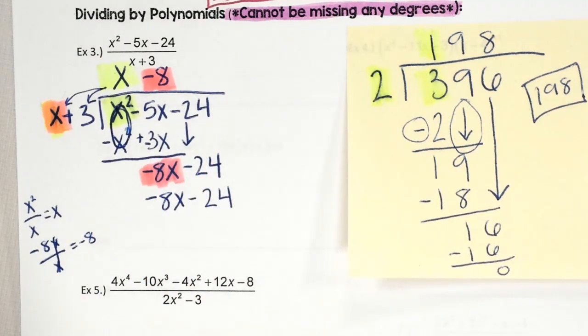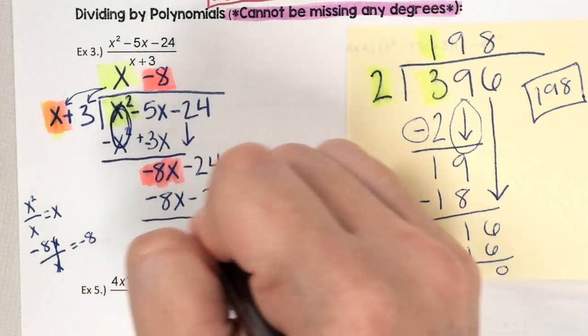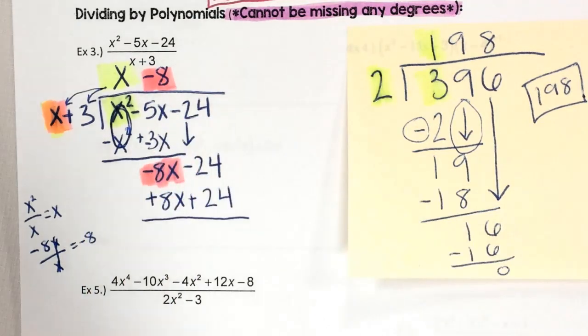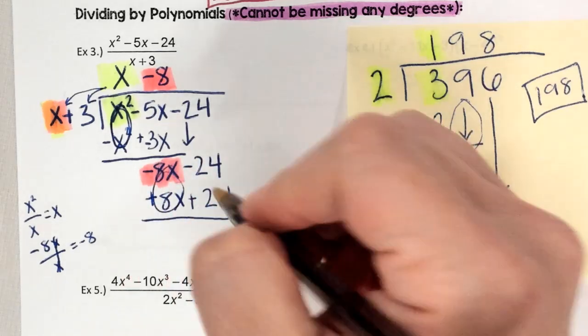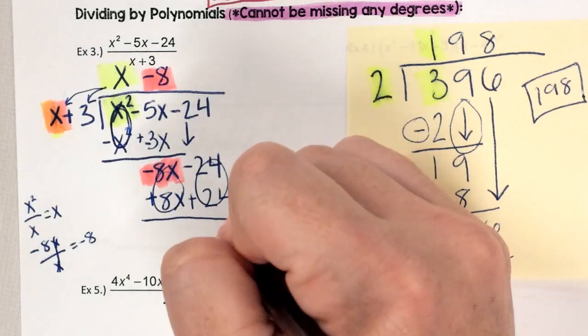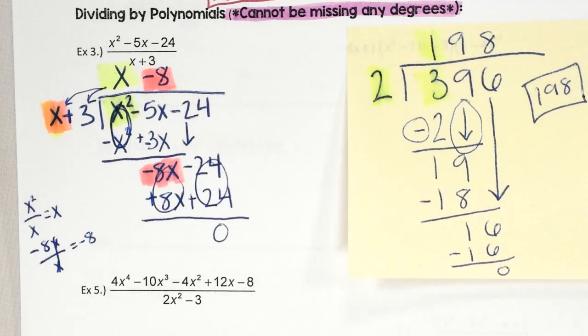And then what? We subtract. So that means opposite, opposite, and they both became positive. Well, negative 8x plus 8x is 0, and negative 24 plus 24 is 0. So I have no remainder, and what's my answer?